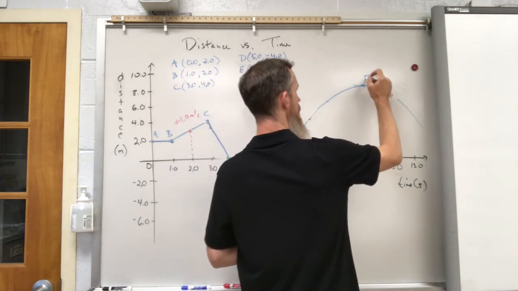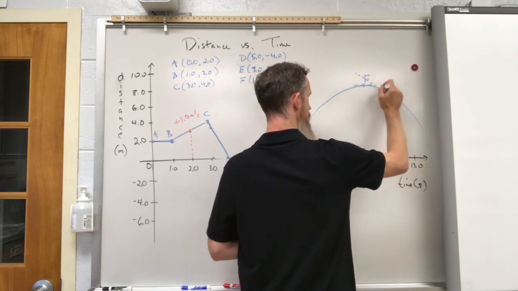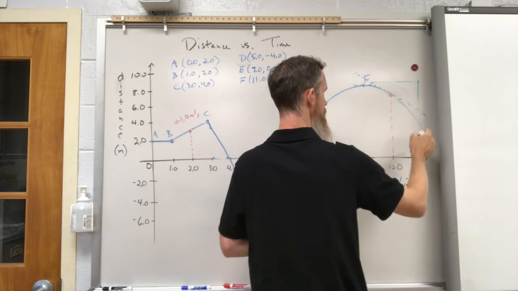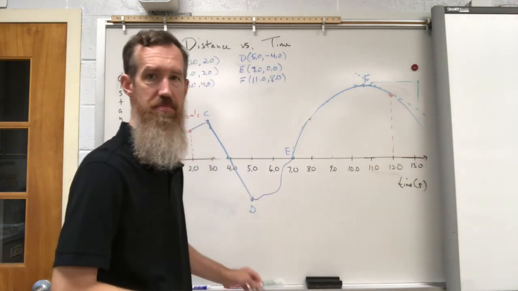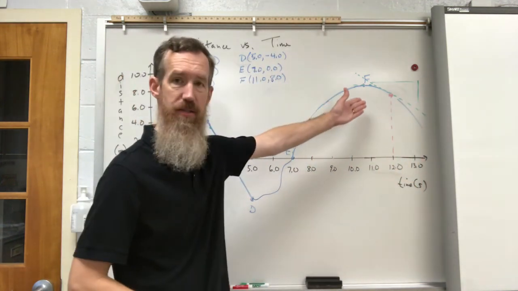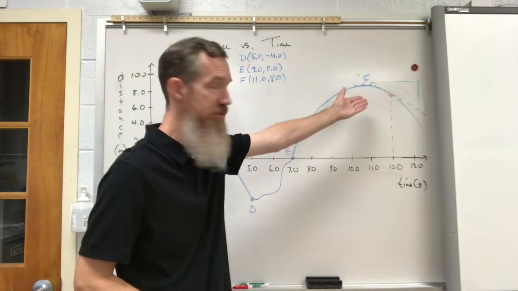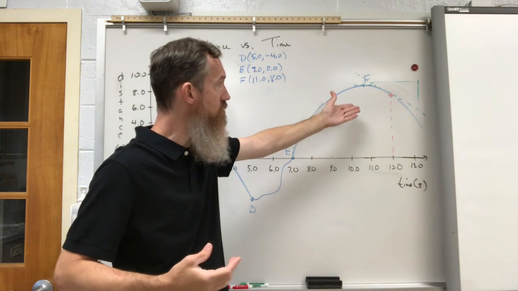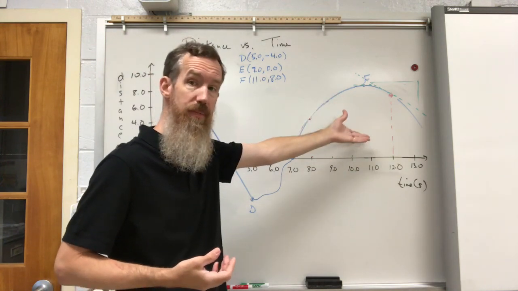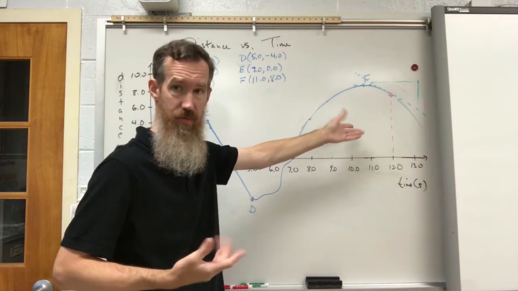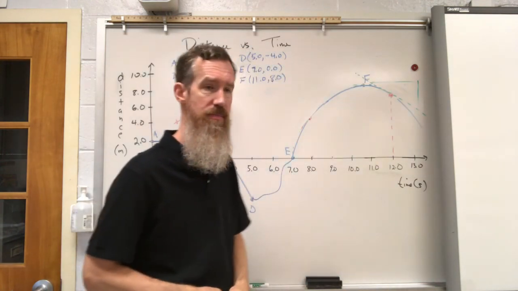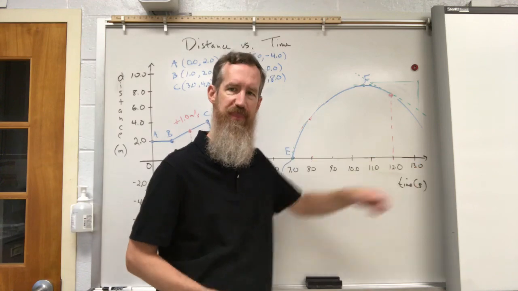I could draw a tangent line at this point at 12 seconds. I can do the slope, pick some points, find that rise over run. And you'll notice that this particular instantaneous velocity, now I'm not doing the math right now, but if you look at it, you should be able to see that's a negative slope. So your instantaneous velocity is going to be negative, which makes sense because you can see that it's kind of moving backwards. It's moving back towards the origin.